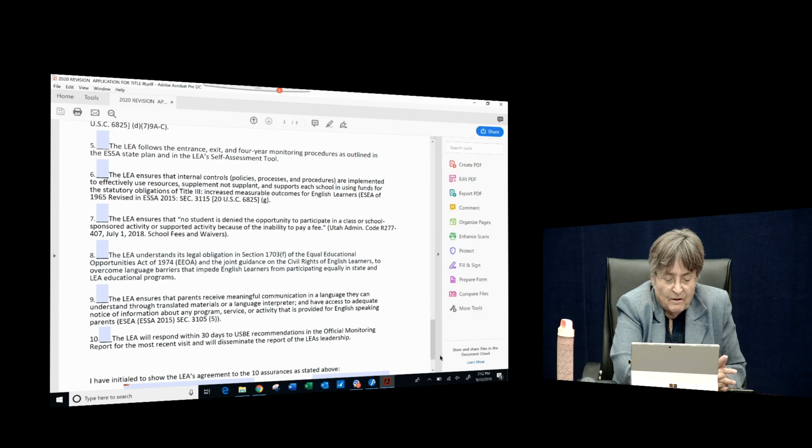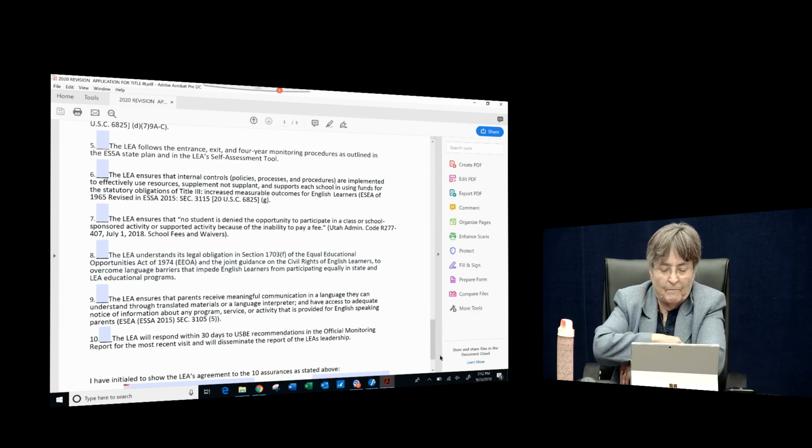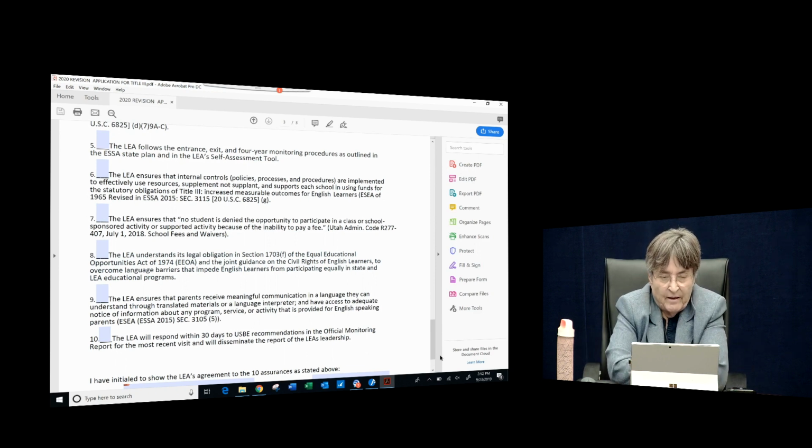And then number 8, the LEA understands its legal obligation under section 1703(f) of the Equal Educational Opportunities Act of 1974 and the joint guidance on the civil rights of English learners to overcome language barriers that impede English learners from participating equally in state and LEA educational programs.